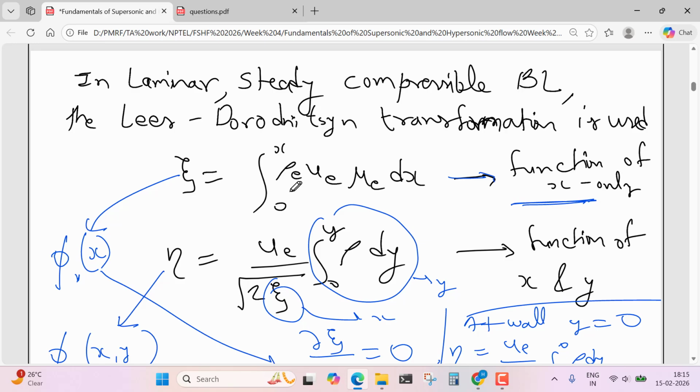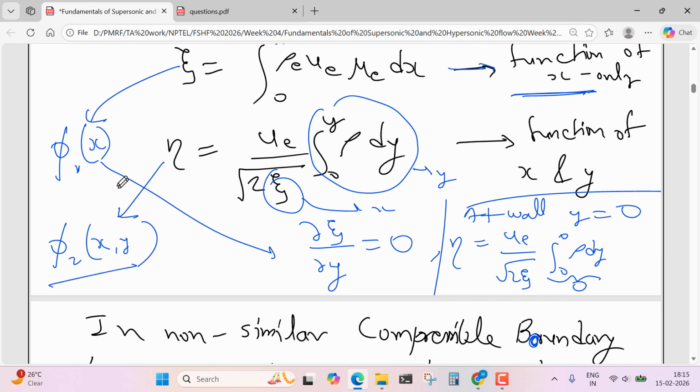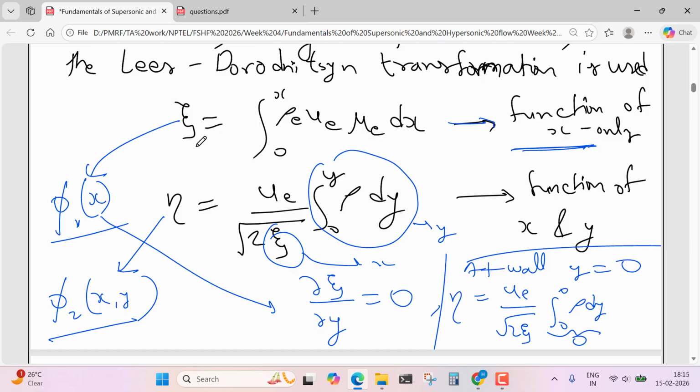You can see that rho e, ue and this dx are all functions of x only. And eta is given by ue upon root 2 xi, integration 0 to y of rho dy. So this part is a function of y, but xi is a function of x. So eta is a function of x and y both, while xi was a function of x only. And as xi was a function of x only, dou xi by dou y equals 0.